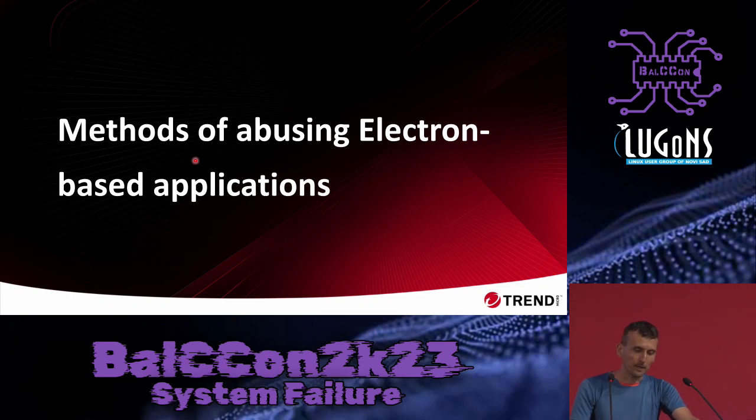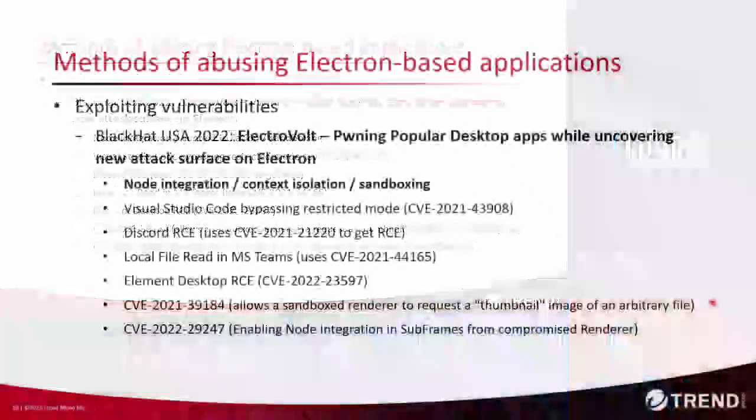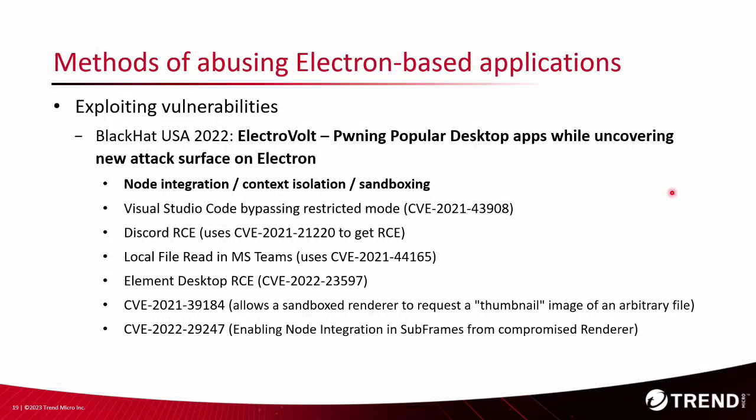Then a few cases about how this framework, or how these Electron-based applications, can be abused by attackers. One thing is of course exploiting vulnerabilities. There was a very interesting presentation or paper at Black Hat USA 2022, called Electrovolt: Pwning Popular Desktop Apps While Uncovering New Attack Surface on Electron.